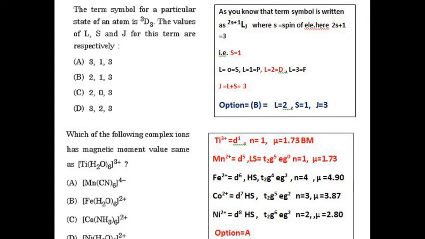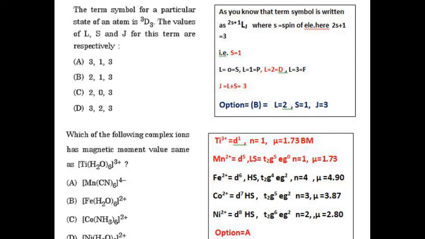Here you can see 3 is the spin multiplicity, that is 2S+1. Therefore, the S value is 1, then 2S+1 becomes 3. The J value is also given as 3.